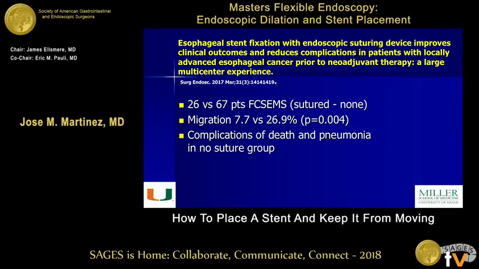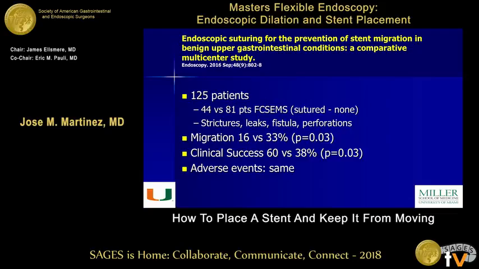There was a significant statistical difference, p of 0.004, with 7% versus 25% migration. Suturing definitely benefited these patients by keeping the stents in place. There were no significant complications between the two, although the non-suturing group had a pneumonia and a death. I would have expected higher complications from putting suturing devices into the esophagus and trying to suture these things. But how about a study for benign disease, which is where we end up finding a lot of these problems?